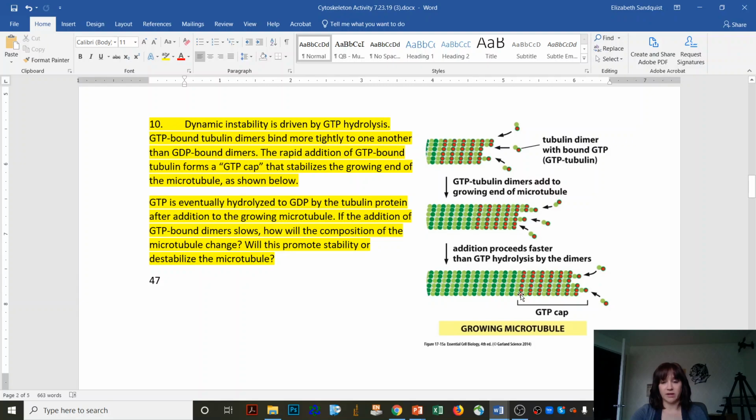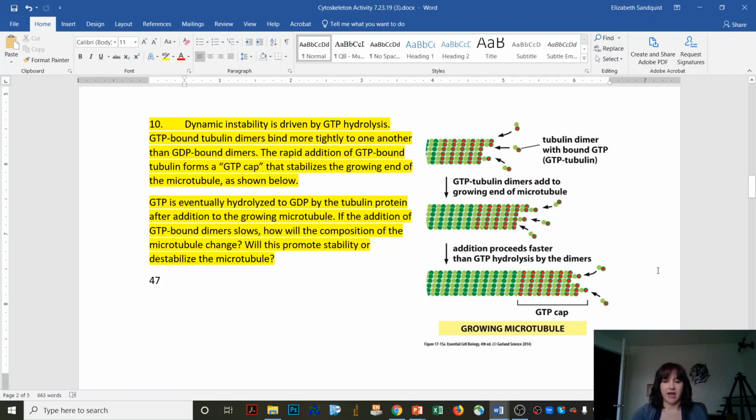They're going to lose a phosphate, and now they're GDP. So over time, if this addition slows, eventually the entire microtubule will be formed of tubulin that is bound to GDP. Okay? Will this promote stability or destabilize the microtubule?